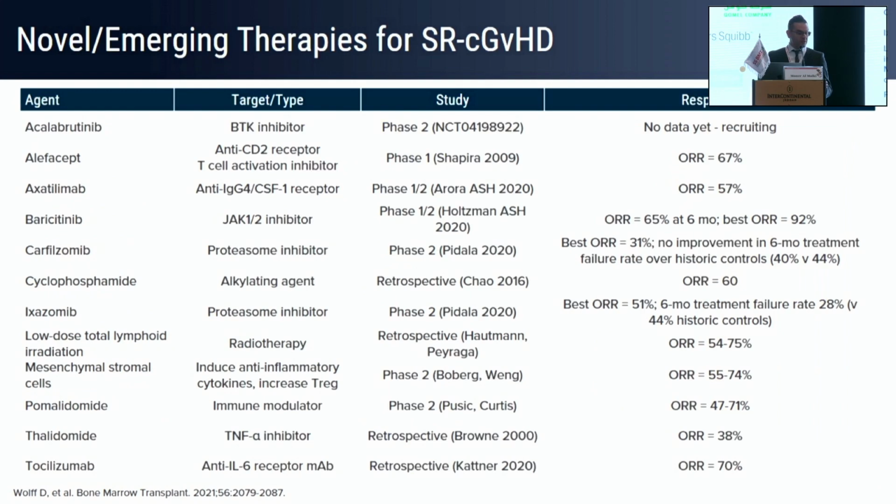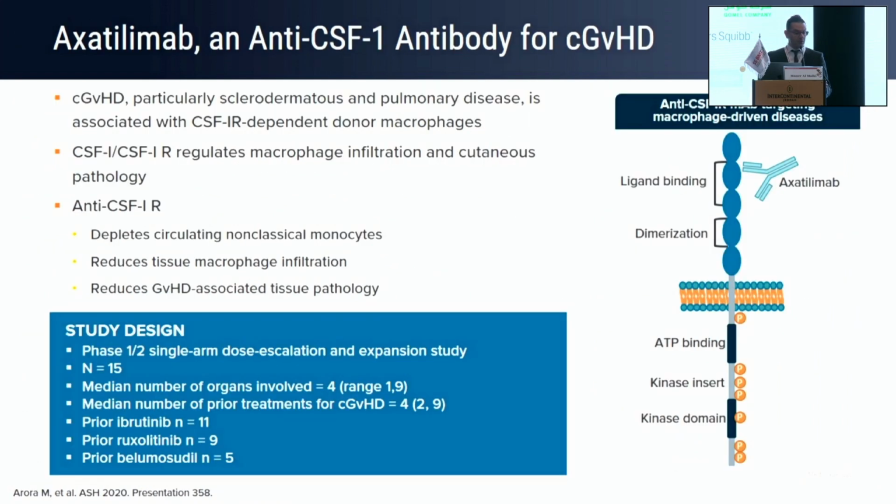Those novel agents are under investigation, and the list is too long, but I'm going to pick 2 only. Axatilimab is an anti-CSF1 antibody targeting macrophage infiltration and activation, usually the last step before activation of fibroblasts, in a phase 1 to 2 single-arm study with dose escalation and expansion. Really sick patients were included in this study, with multiple prior lines of therapy.